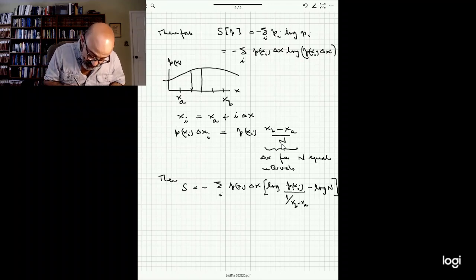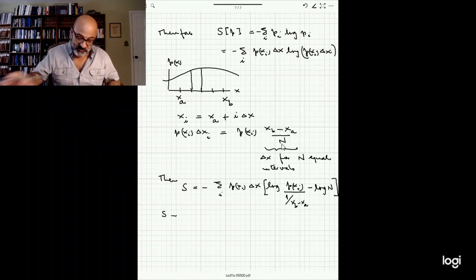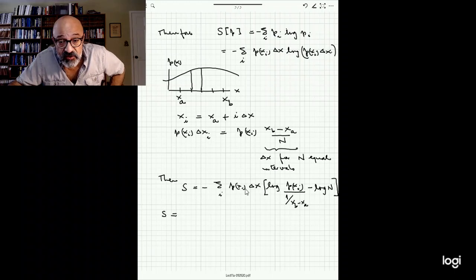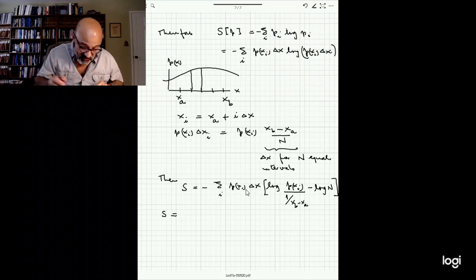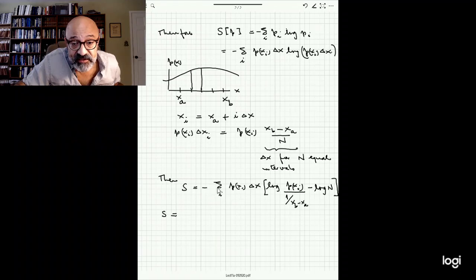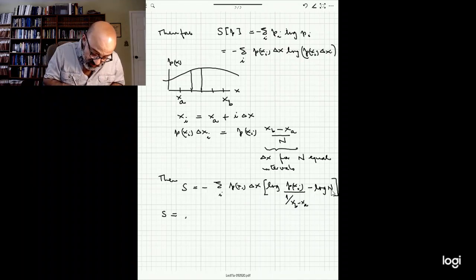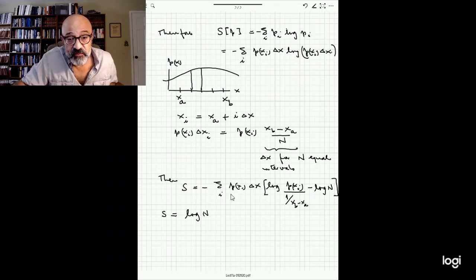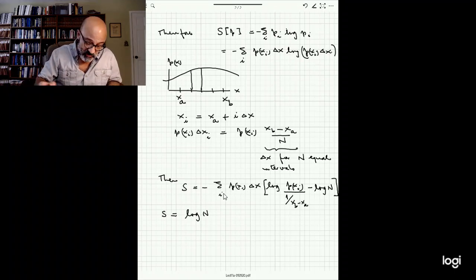Let's proceed further. S is equal to, okay, here we go. Now, let's look at the p(xi) log n. There is a minus and a minus, this is a plus log n, and when we do the sum over all of these p(xi)'s, of course, this adds up to 1. So we get log n for the second piece.